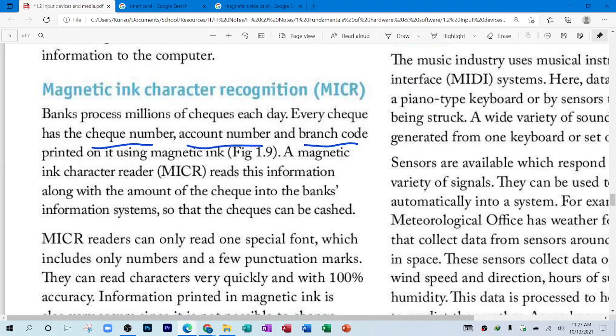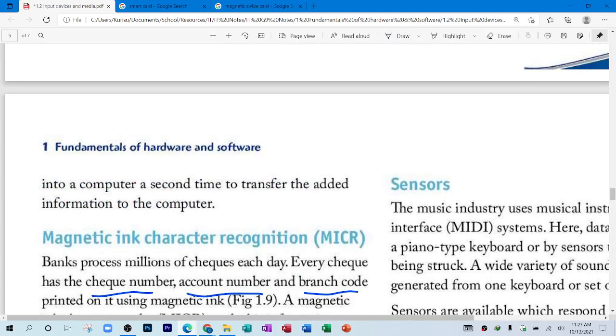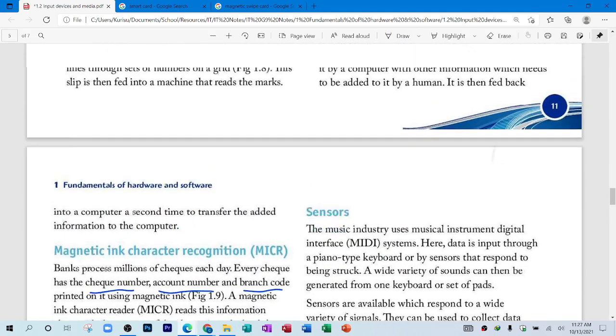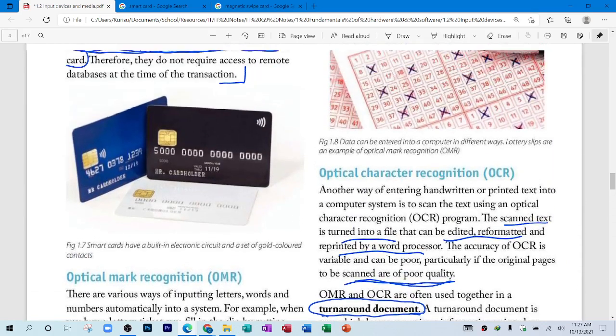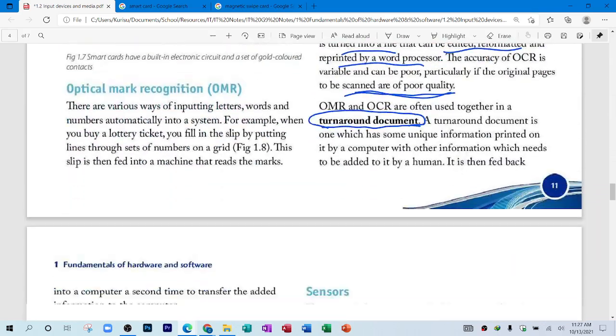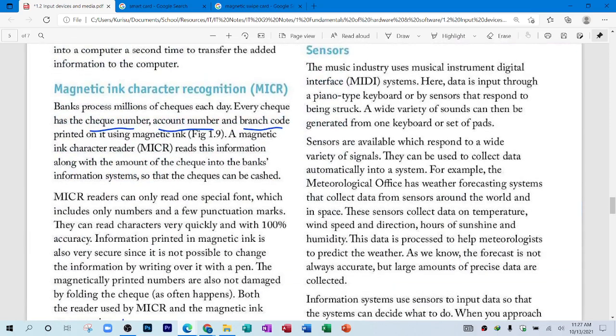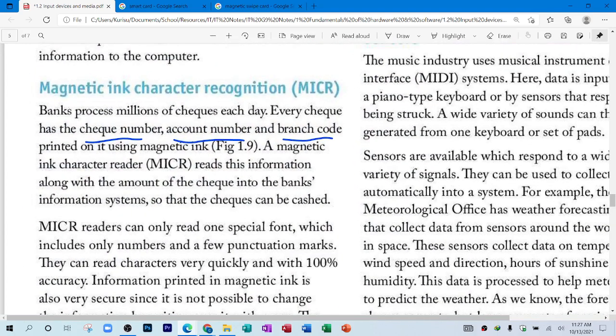Great. So remember, once again, we're looking at direct data entry devices, how a lot of data is automatically being transferred into the system. So the other device is a MICR. It is basically used to scan a check. Remember, a check has to do with money, and you're processing a lot of money, sometimes millions, billions, whatever the case may be.